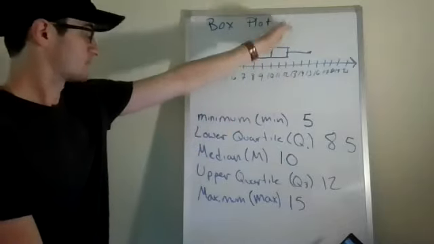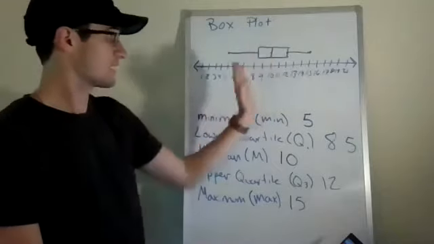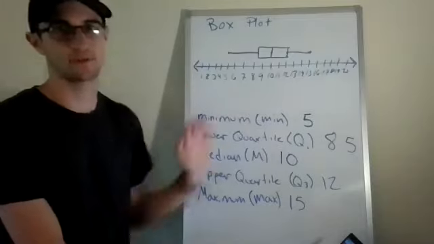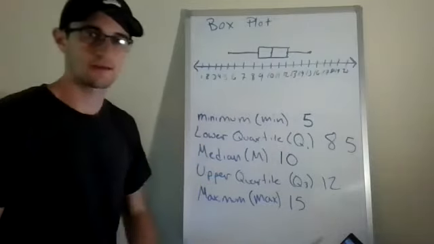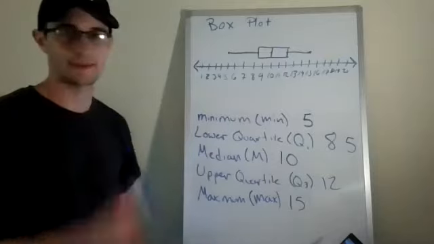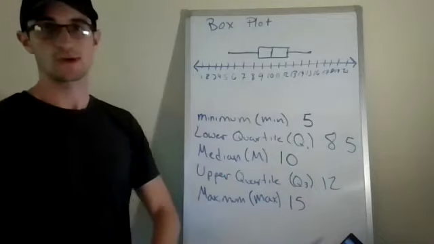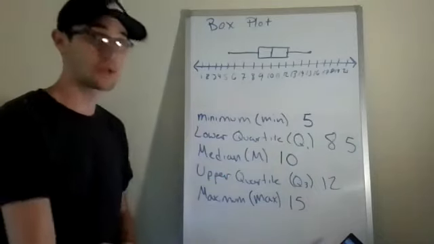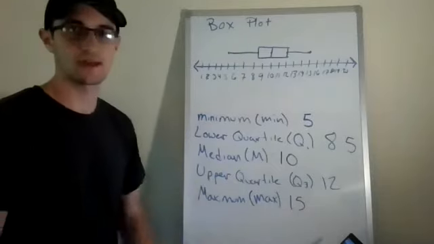The right side of the box lines up with the upper quartile, and the far right point lines up with the maximum. So with the histogram, the box plot, and the dot plot, if we're given the graphs without the numbers, we can still do some analysis of the data, which we're going to get to on Wednesday. Or we can draw them to do that a little easier.